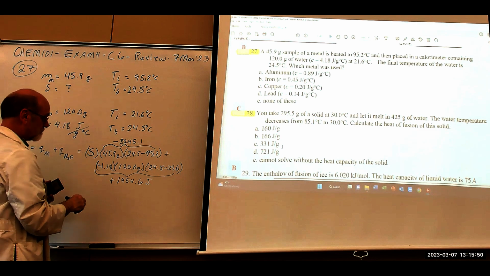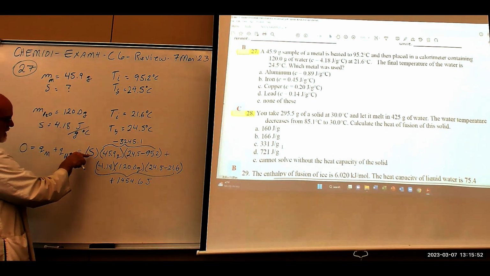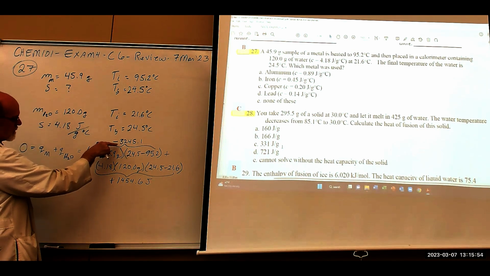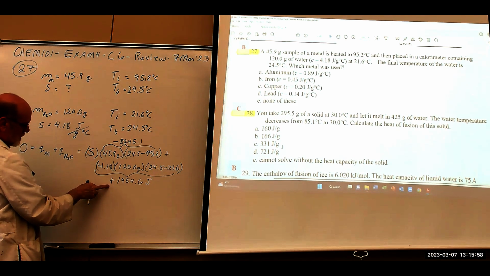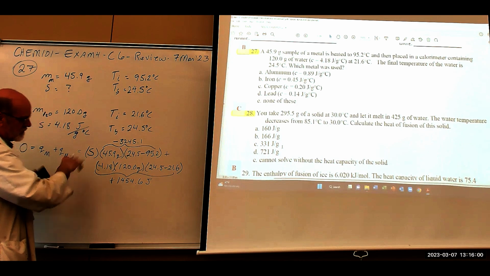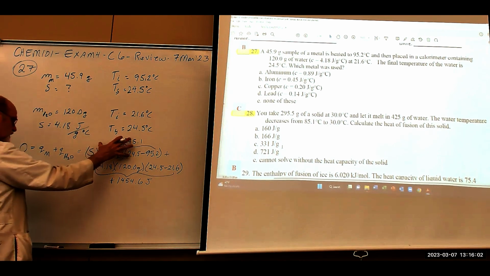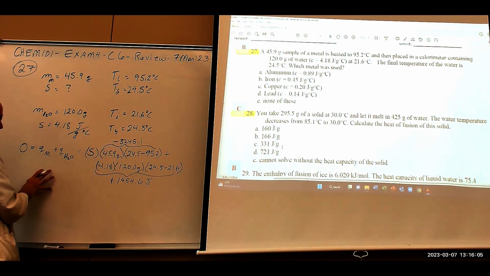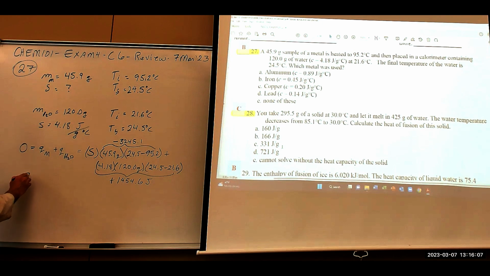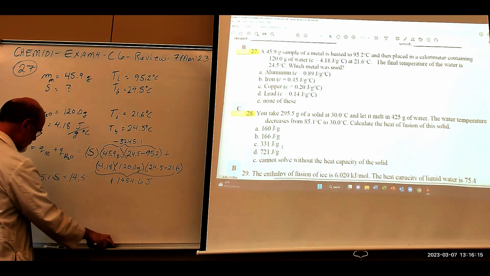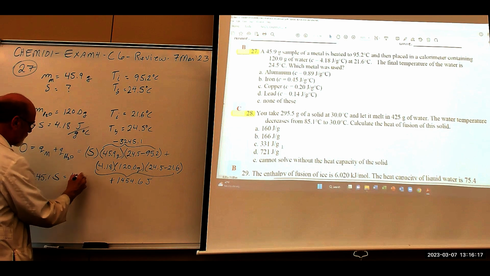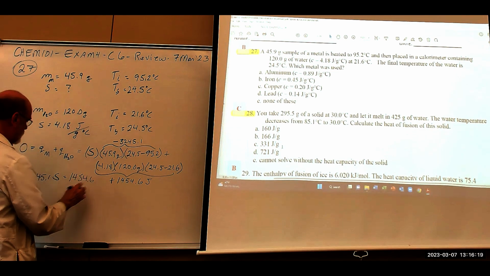So this is going to be minus 3245 times S plus this one. So I'm going to get rid of all the negatives. Let's move this whole term over on this side and make it a positive. 3245.1 times S for the metal, and that's equal to 1454.6 on this side.